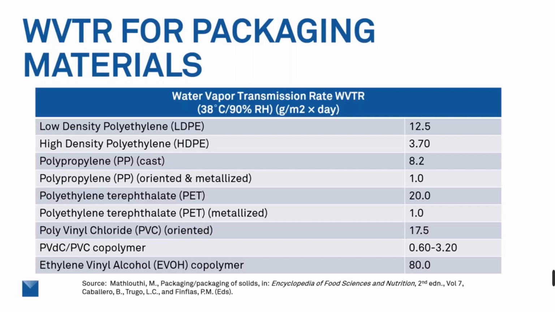That's a big difference. However, you don't want to go too far either, because the lower the WVTR, the better, and you pay for that. So if you're over packaging, you're paying for packaging you don't need. So it's good to understand how packaging influences your product. Better isn't always necessarily the way to go.